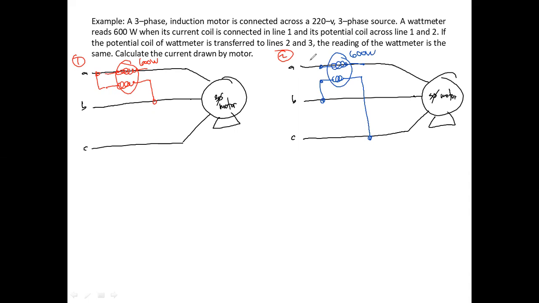We are asked to obtain the current drawn by the motor. Let's take a look at the case 1 scenario. For case 1, the wattmeter reading is 600, which is equal to the magnitude of the voltage V_AB, the current I_A, and the cosine of theta V_AB minus theta I_A.